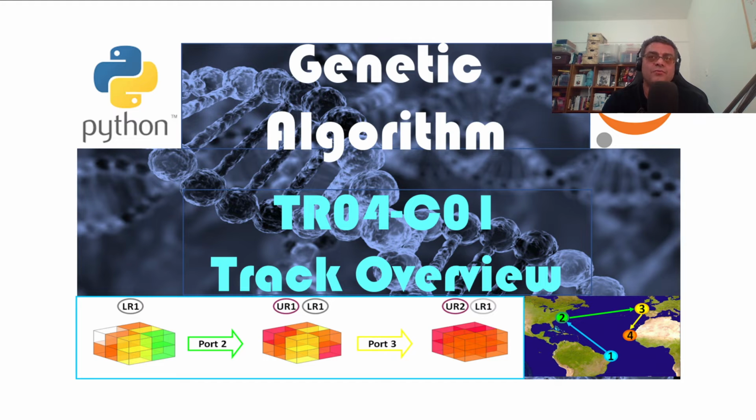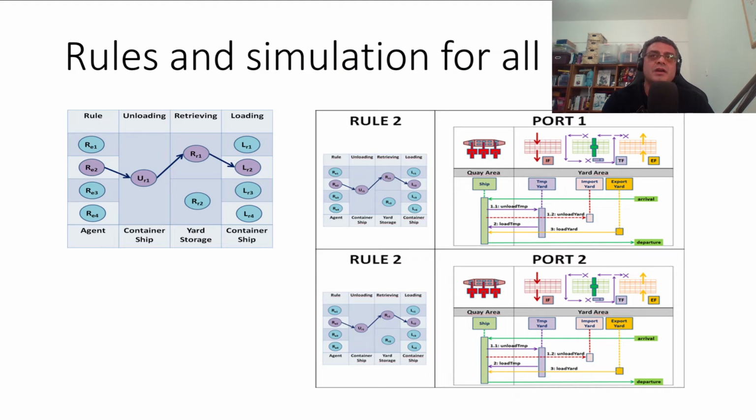In track 4, we talked about how we can have a very hard combinatorial problem, because we can have many combinations of rules: unloading, loading, and even retrieving containers from the storage yard, or applying quay crane rules if you incorporate more equipment and more rules.